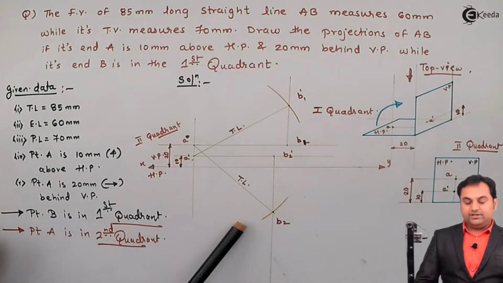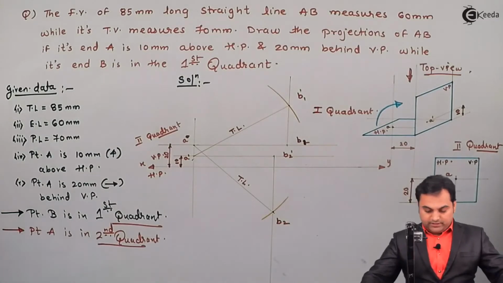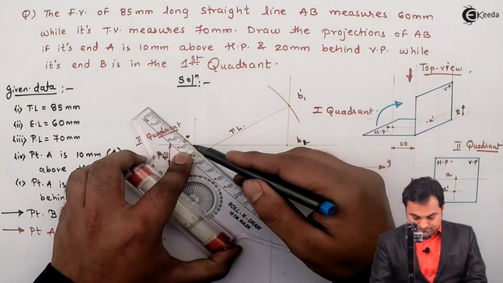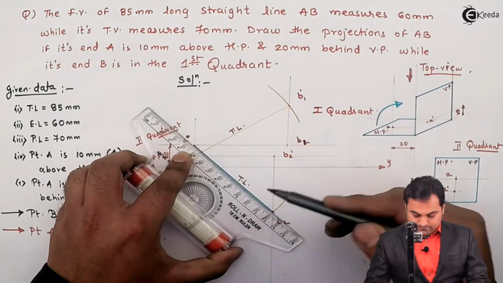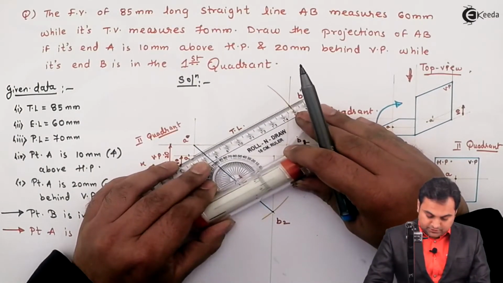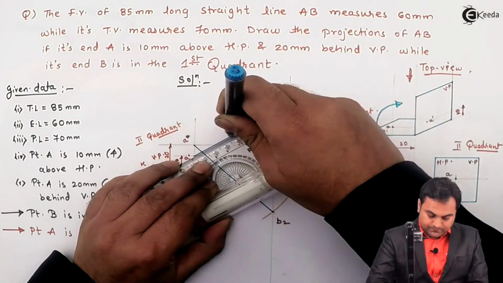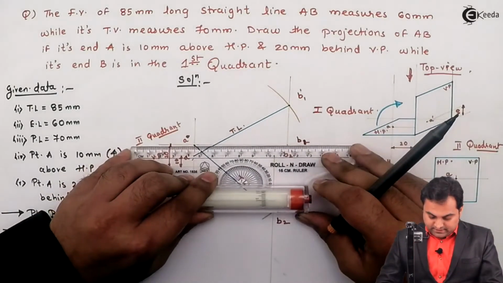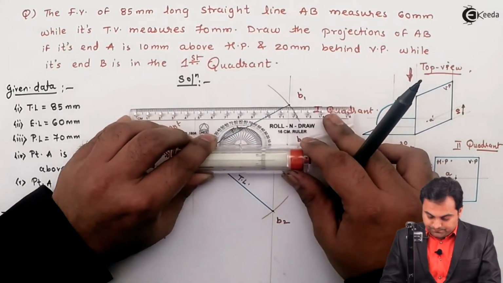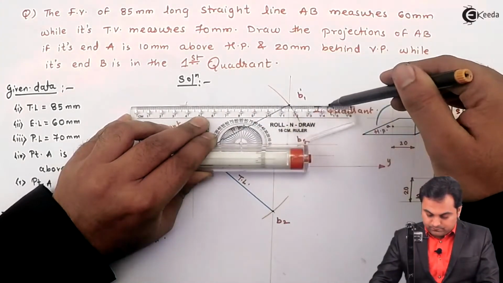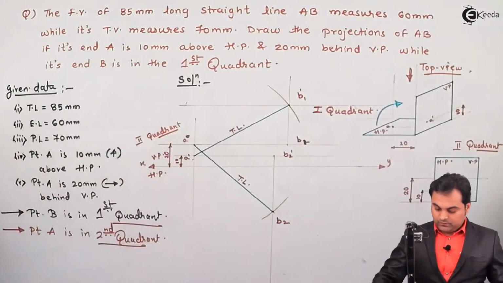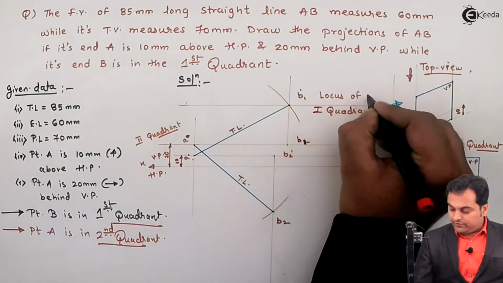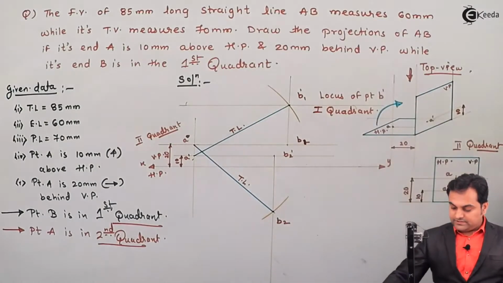Next, after reaching here, these are the true lengths, so I'll make them medium dark. True length should be kept medium dark. And then through B1 dash, I am drawing a light line. That will be called as locus of point B dash.